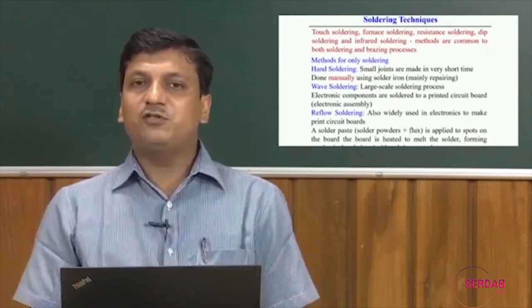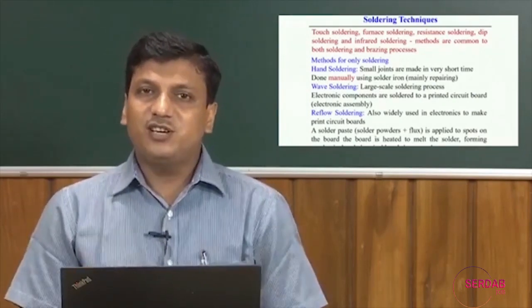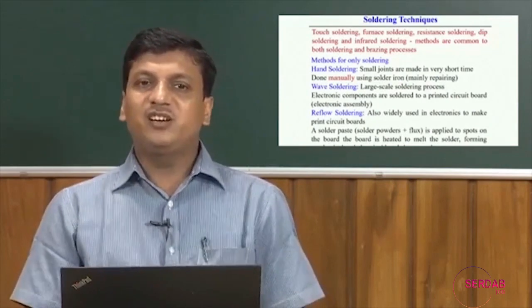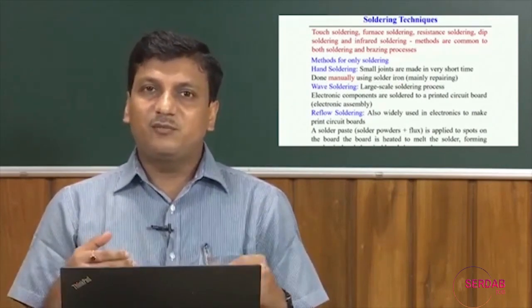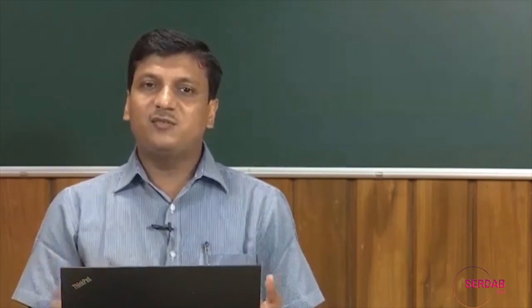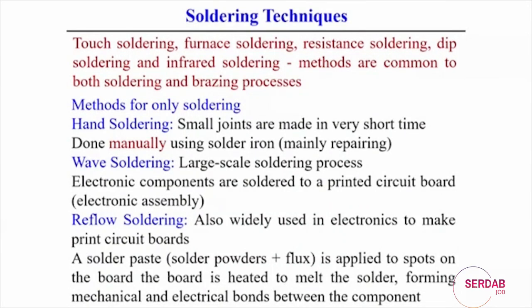So, in reflow soldering the importance is not only the electrical connectivity; the mechanical strength and electrical connectivity both are achieved in a very organized way. In that sense reflow soldering is basically different from the wave soldering process.